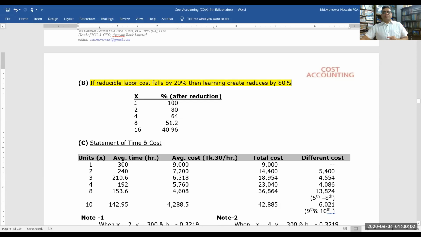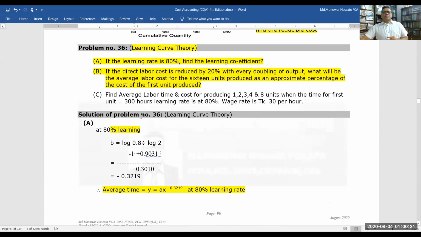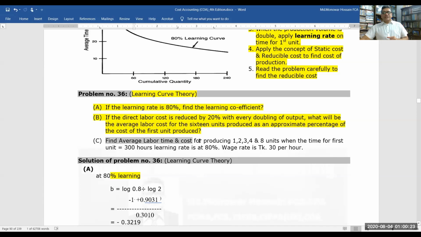So if unit 1 is 100, then 2 is 80, 4 is 64, 8 is 51.2, and 16 is a double of that, which means 40.96. Okay.